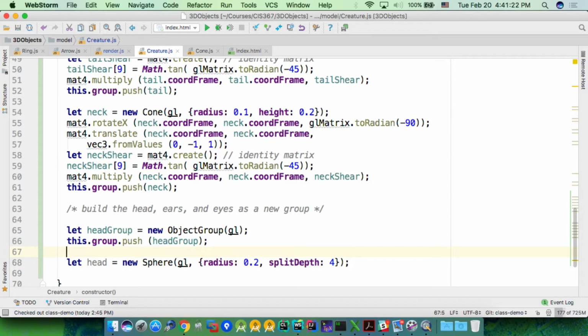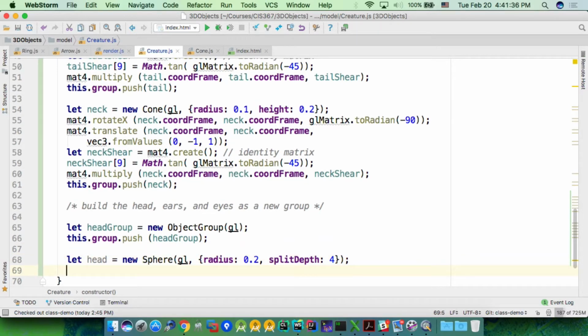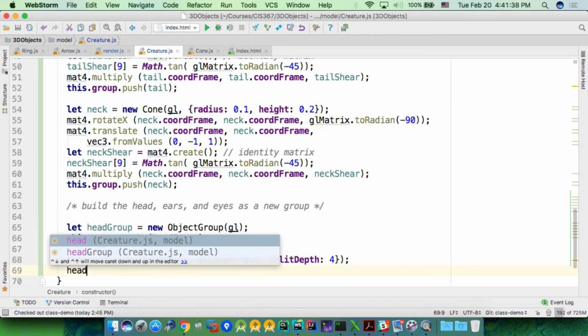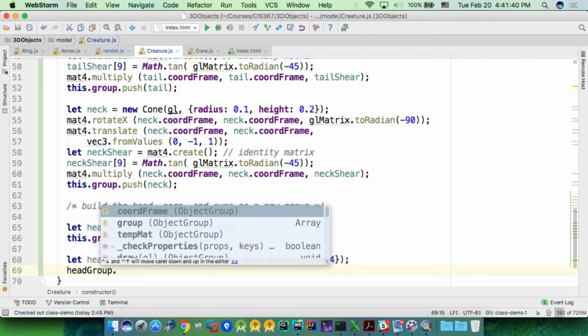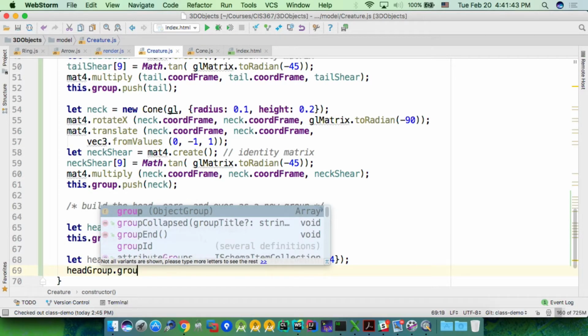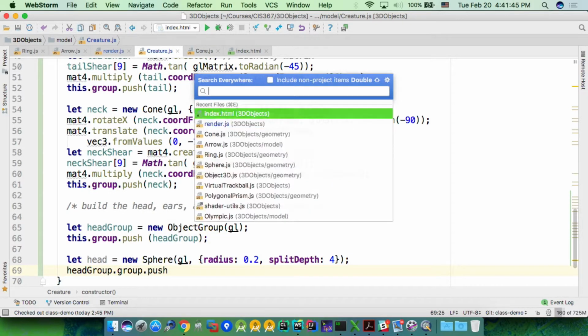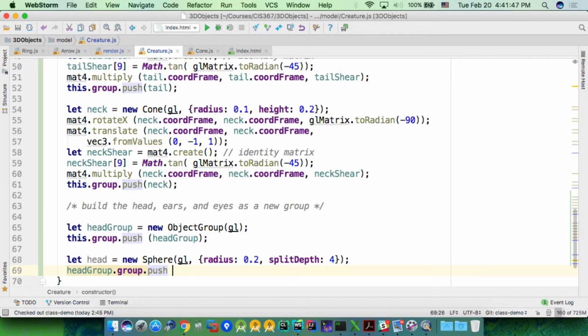But then I have to add head to head group, right? Because we have 2 levels now. Are you with me? Okay. So then I need to say head group dot push head. Oops.